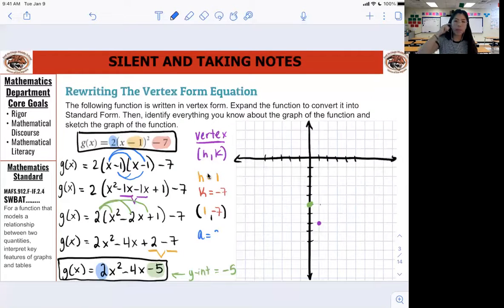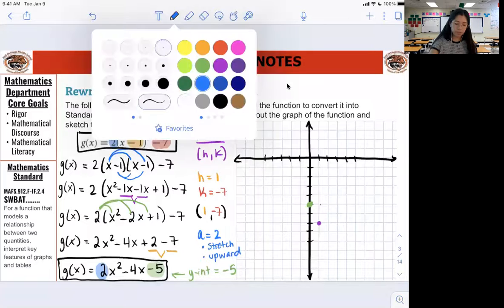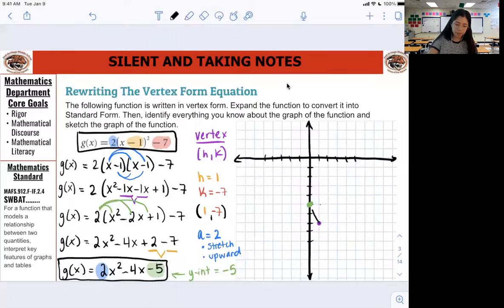So what does that tell me about the shape and the direction of my graph? It'll be a stretch and it's facing upward. So that's the missing piece of the puzzle, because now I know that when I go to my vertex, I'm going to go upward.